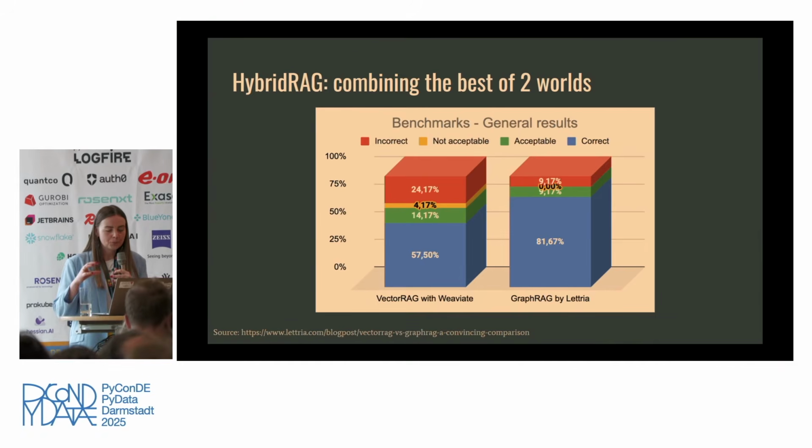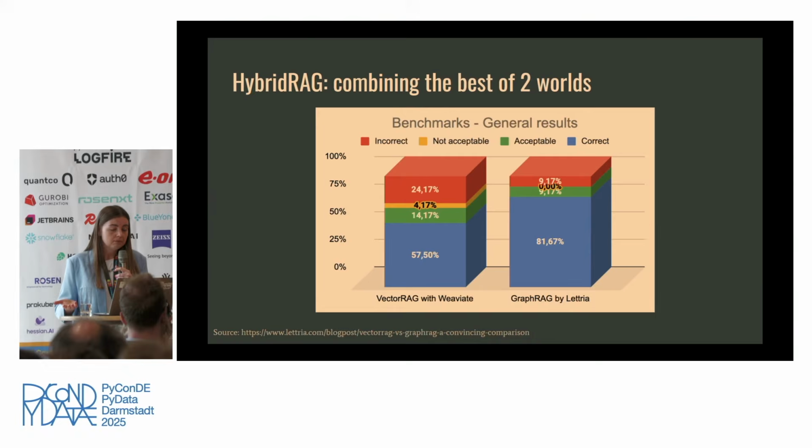They ran a benchmark and compared vector RAG, like a traditional RAG system. And don't be misled by graph RAG here. It is essentially a combination of graph and vector RAG. So it's a hybrid RAG approach. And you can see that if we are talking about correct answers, it's like 57 versus 81.